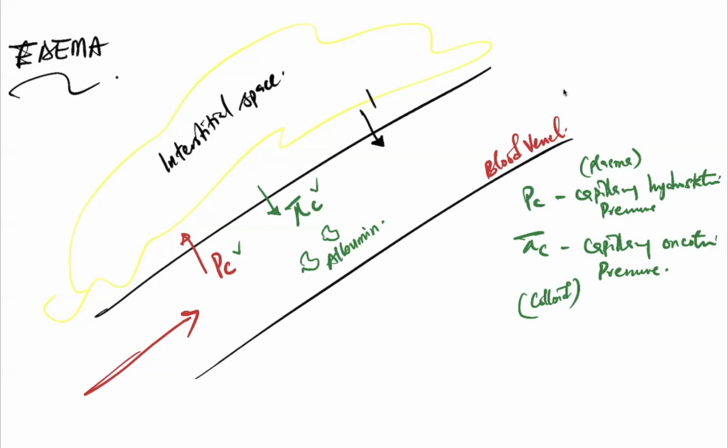So we are going to call this the interstitial hydrostatic pressure. You want to know that the interstitial hydrostatic pressure is almost negligible, like it's not a lot of pressure. And then we have proteins also in this interstitial space. Just like we have albumin in here, we also have proteins in this area. And they have a pulling effect. They pull fluid into the interstitial space. So we are going to call that interstitial oncotic pressure.